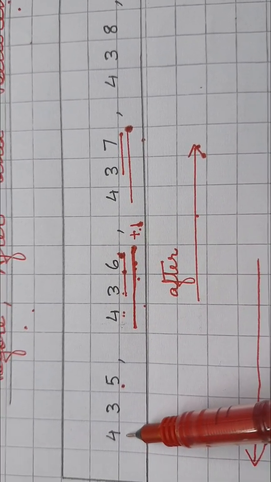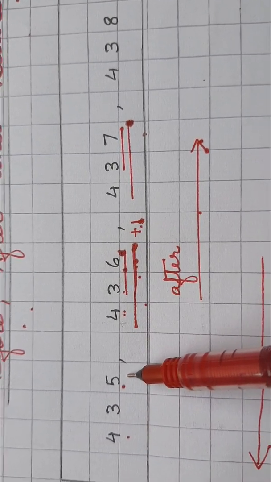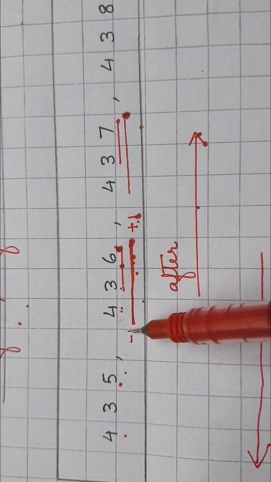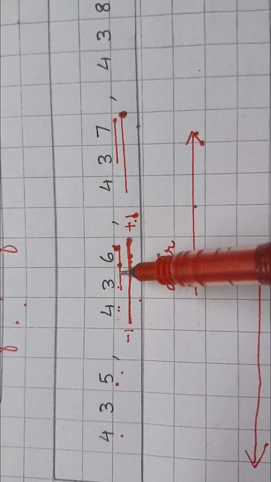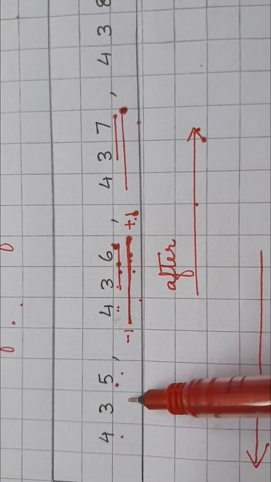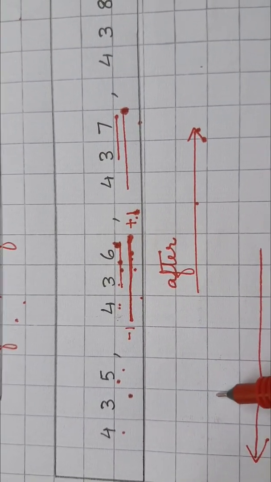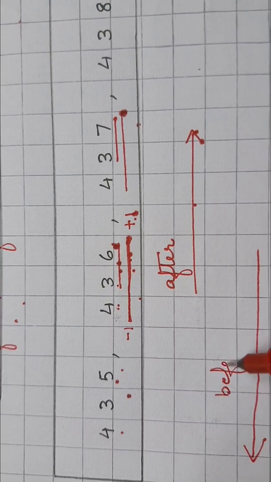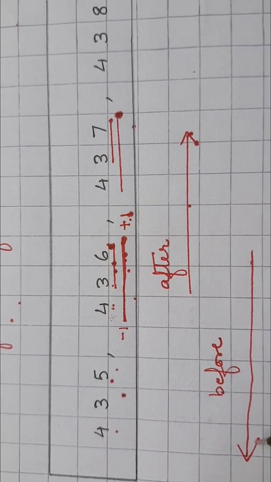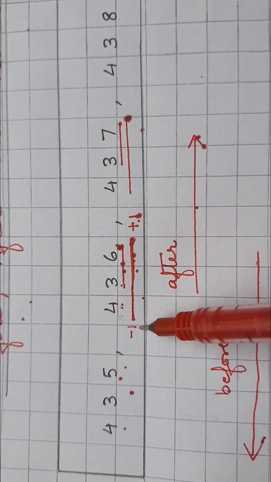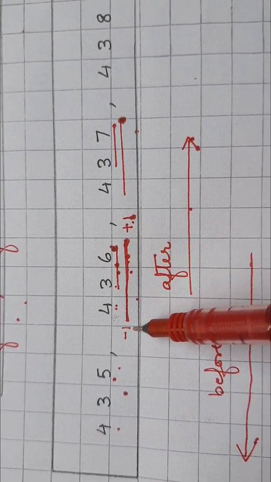So here we have 435. It means when we subtract 1 from the given number, we get the number which comes before it. So to get the number which comes before, we move backward or we subtract 1 from the given number.